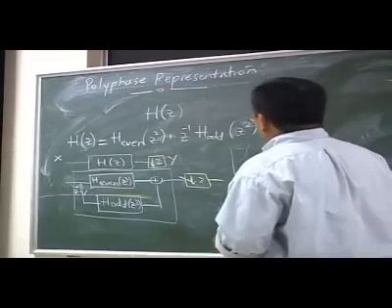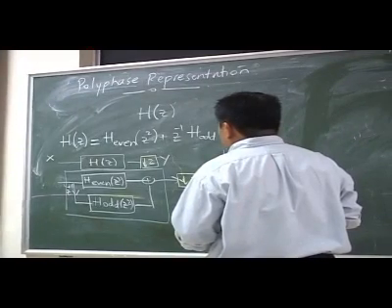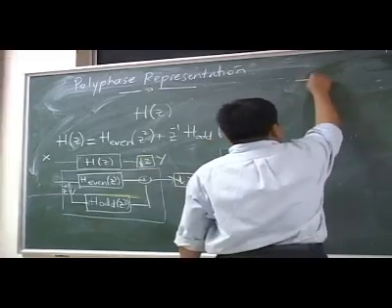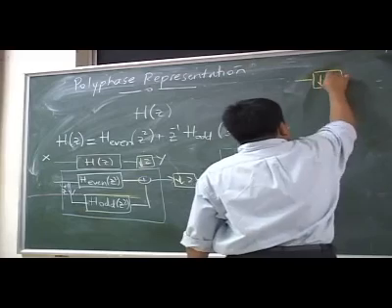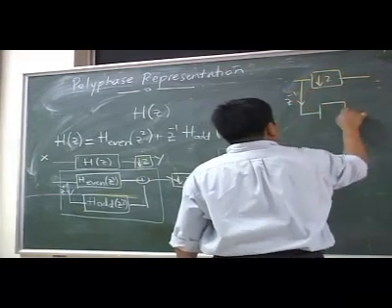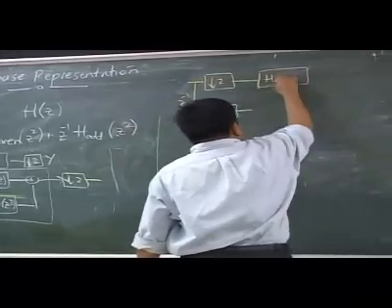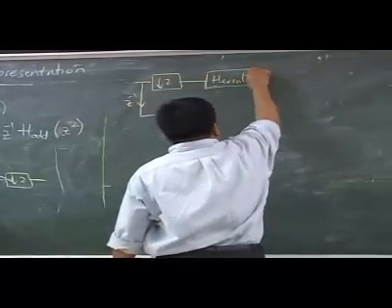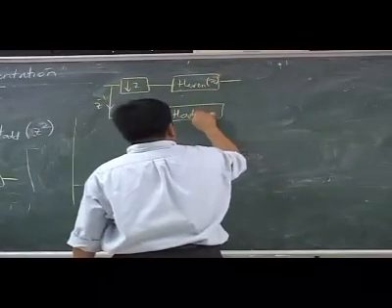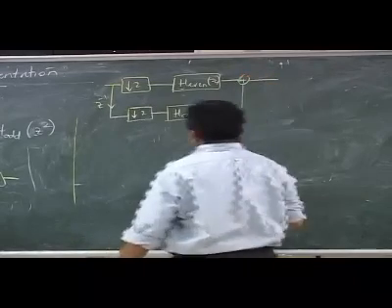So moving this block to this side, I now have down by 2, z inverse, down by 2, h even of z, H odd of z.